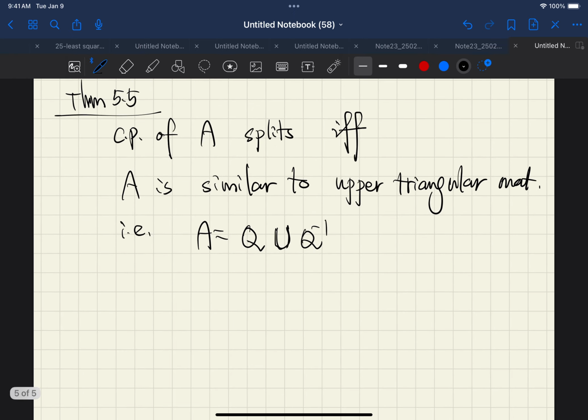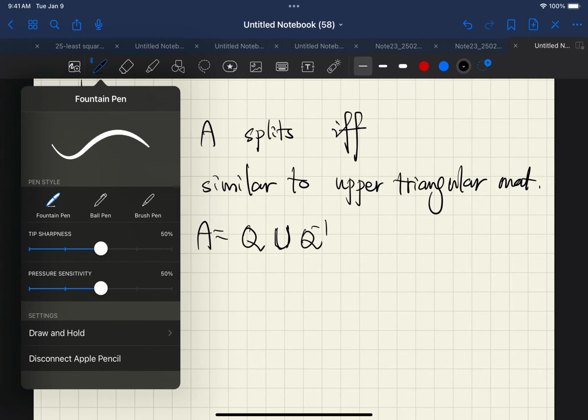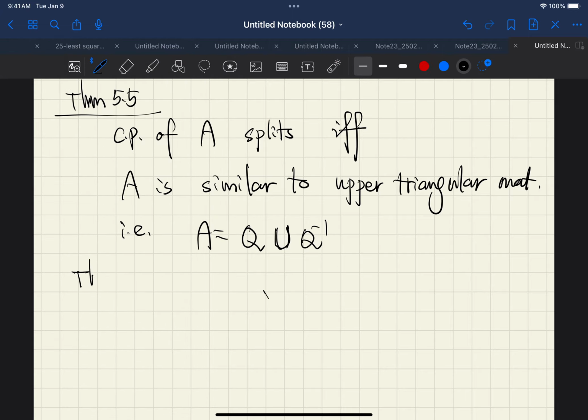And to be similar to a diagonal matrix, we need splits plus some condition. So that's the last theorem of today.